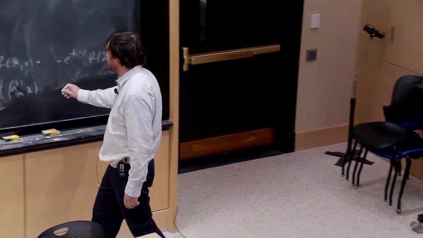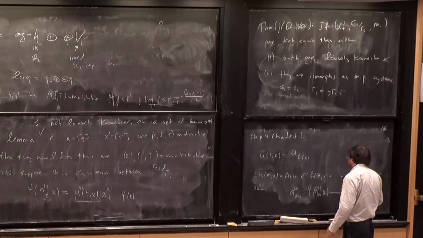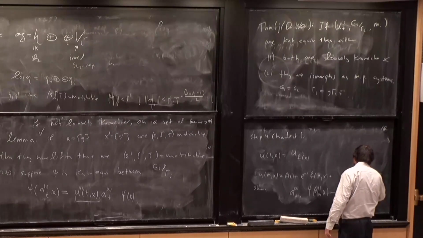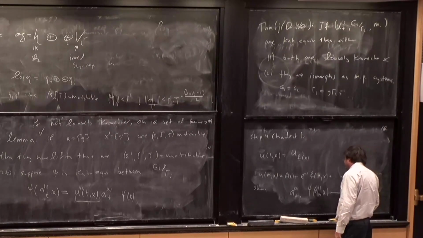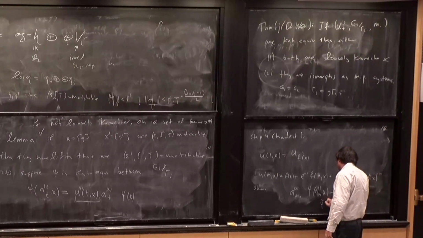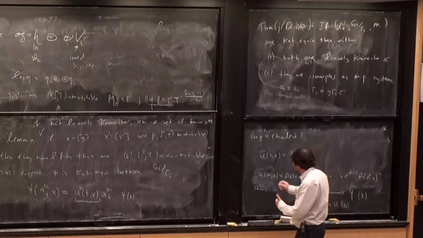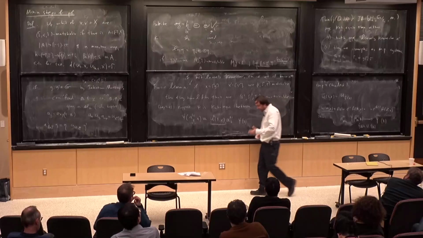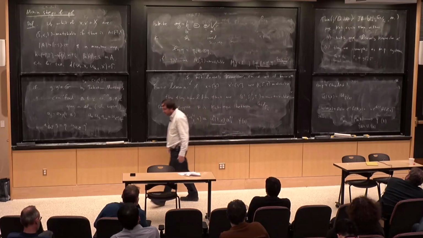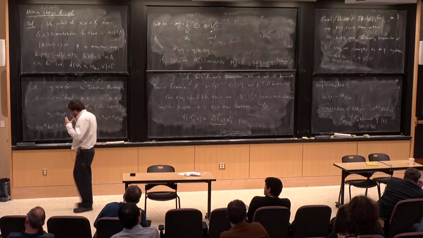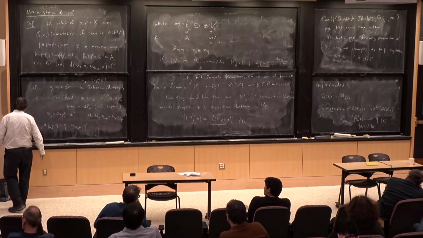You want to show this converges in the appropriate sense to some limiting object, psi tilde of x, with psi tilde of x inside the u orbit of psi of x. So you have this shift that is a priori just a measurable function, and you somehow have to convince it to converge.